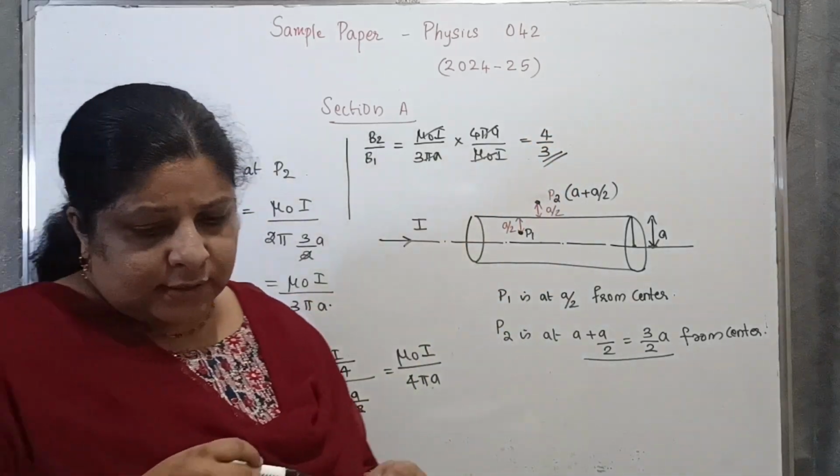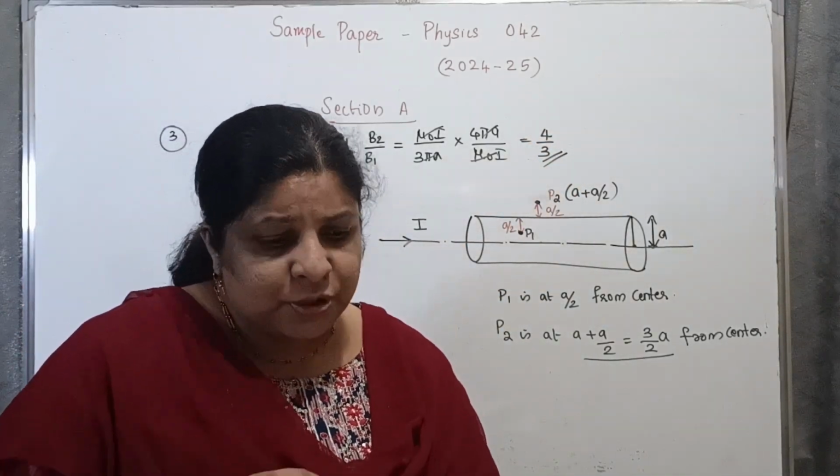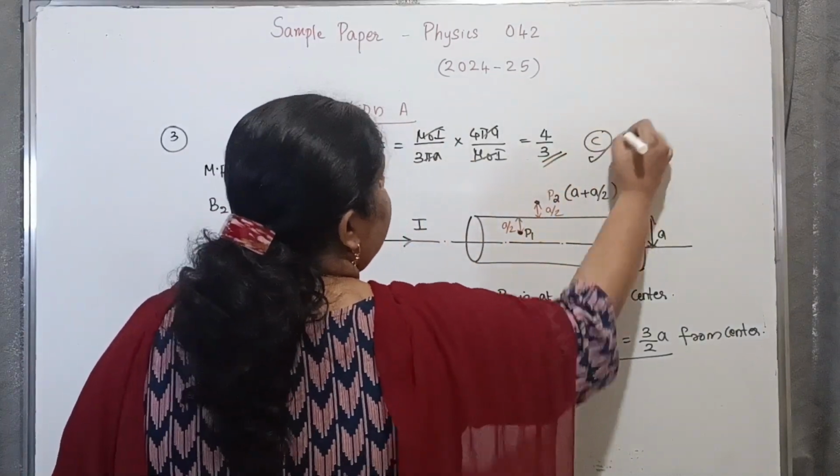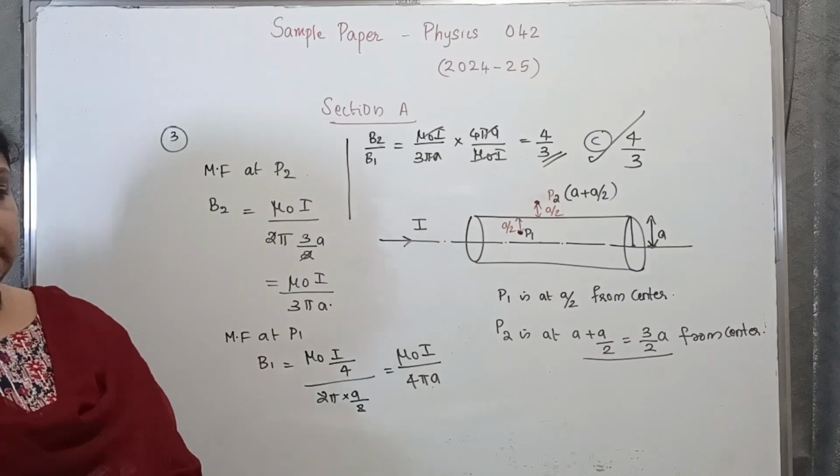So you will get the answer as 4 by 3. That is option C. Option C will be the answer, 4 by 3.